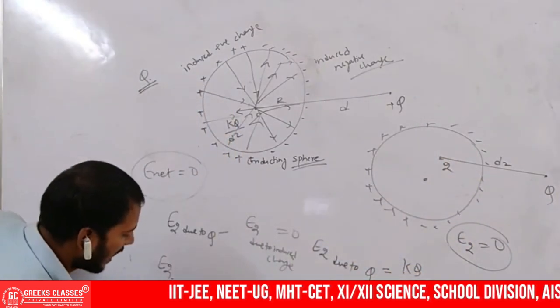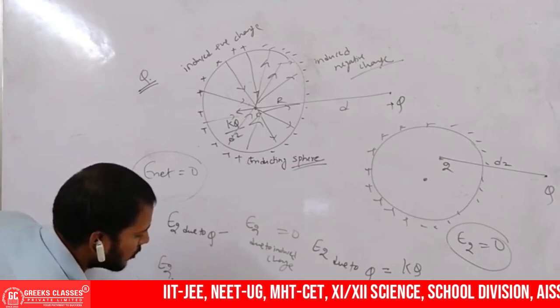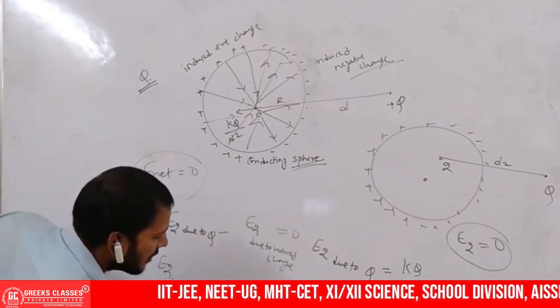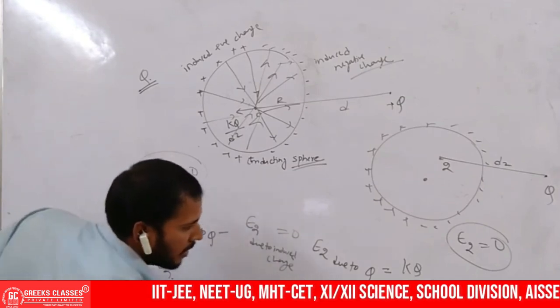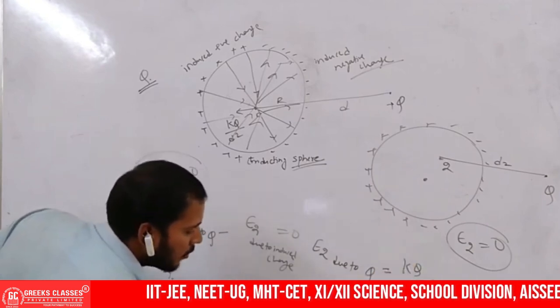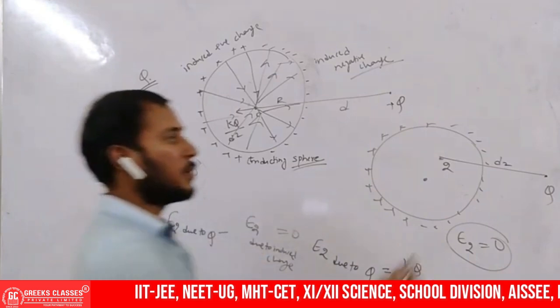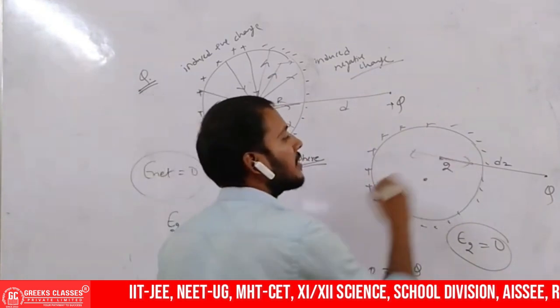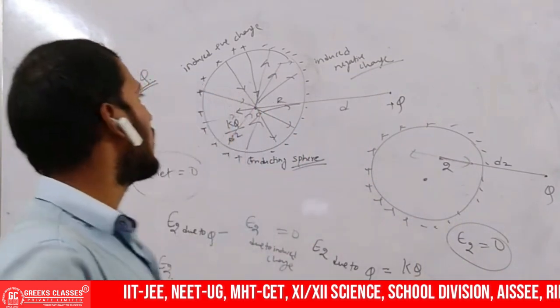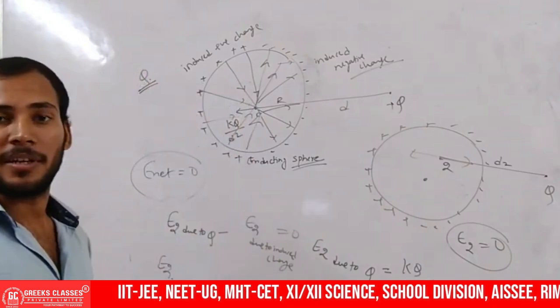So the electric field at point 2 due to induced charge is kq by d2 square, but the direction is opposite. Due to q it points this way, and due to the induced charge it points the other way.